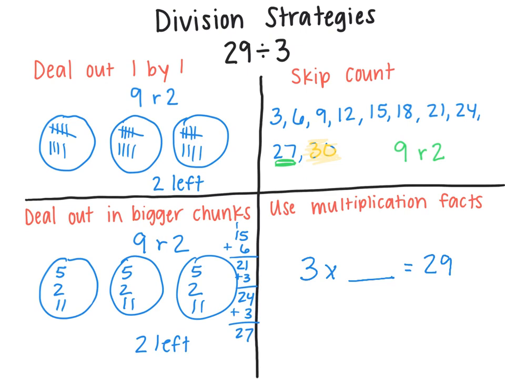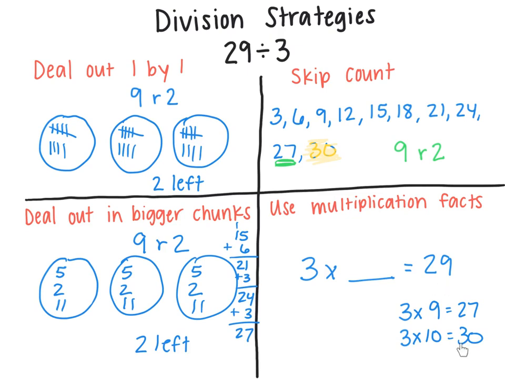So if you think about it, you might write down 3 times 9 equals 27. And you might also know that 3 times 10 equals 30. Now I said we want to be close but not over. So if my number is 29, I don't want to go over 29.